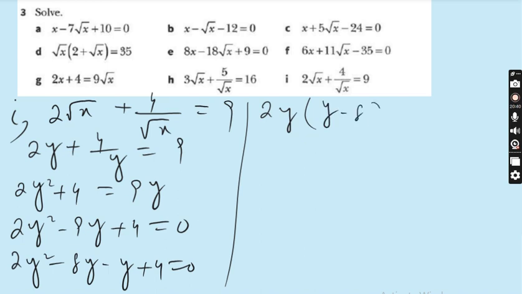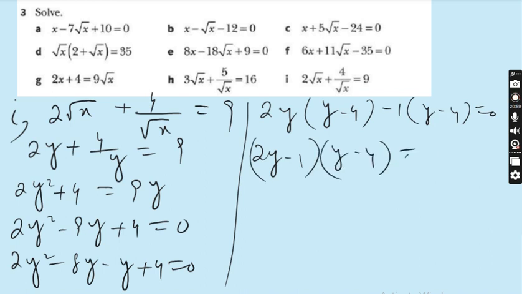2y, y minus 4, and taking minus 1, y minus 4 is equal to 0. 2y minus 1, y minus 4 is equal to 0. y is equal to 1 upon 2 and y is equal to 4.